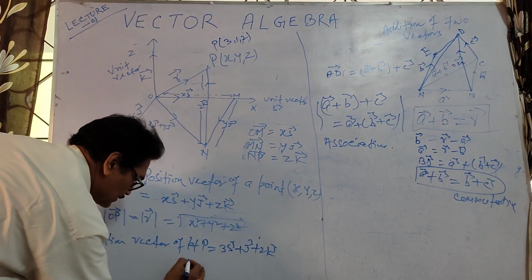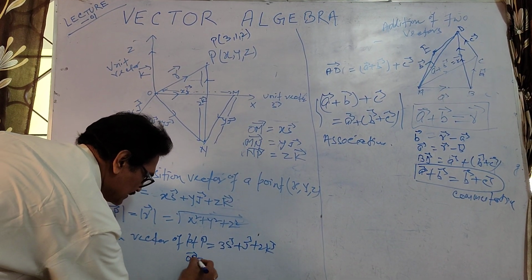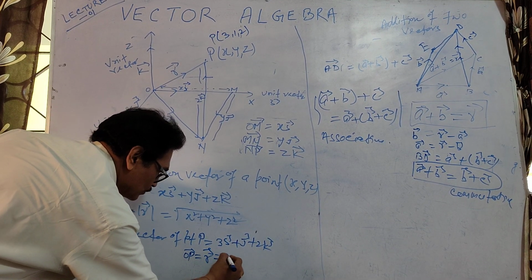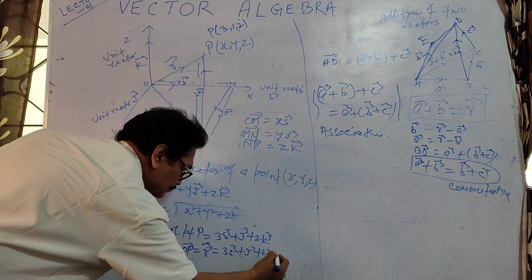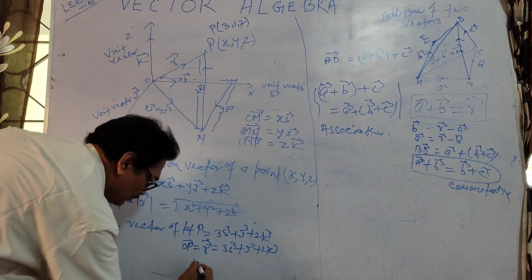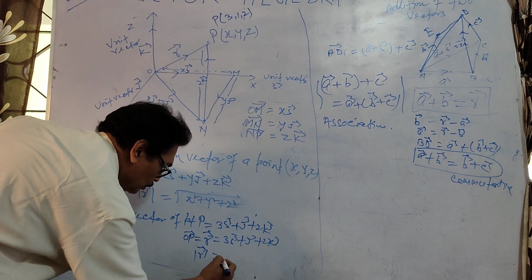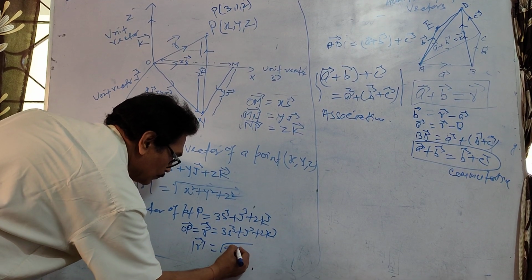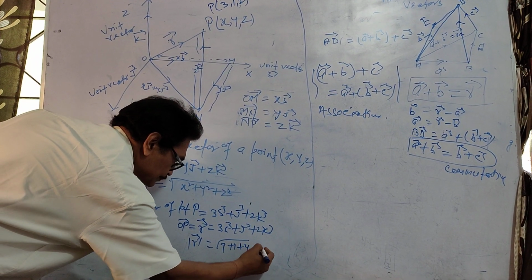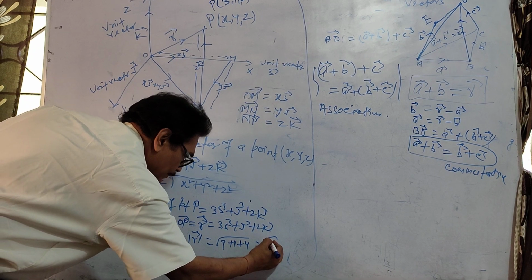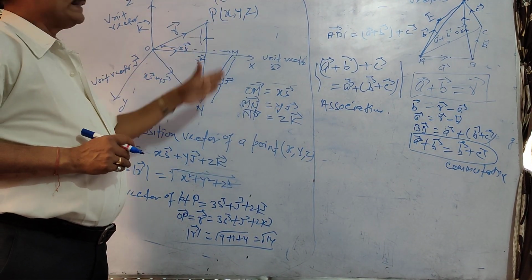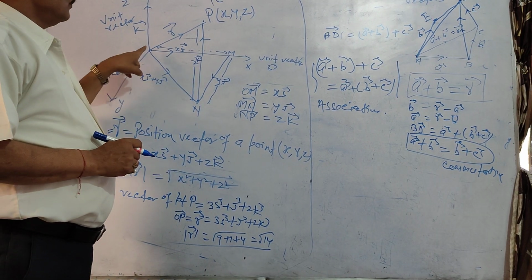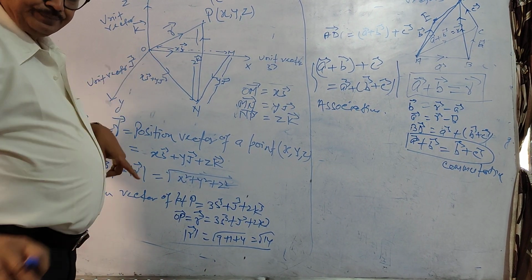So this is OP, this is r equal to 3i plus j plus 2k. So magnitude of r is equal to root under 9 plus 1 plus 4, root under 14. So any point is given, you can find the position vector from the coordinates.